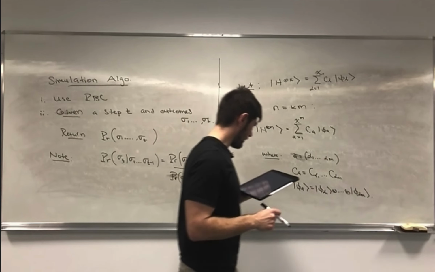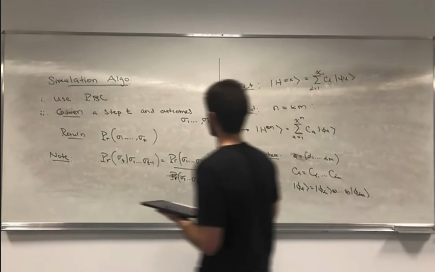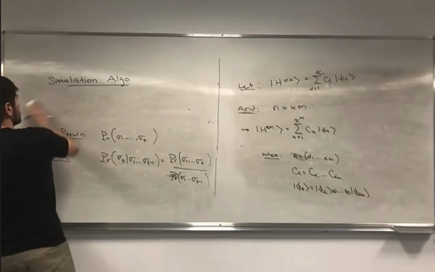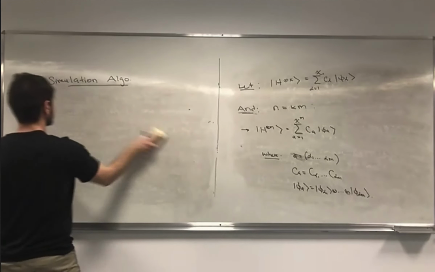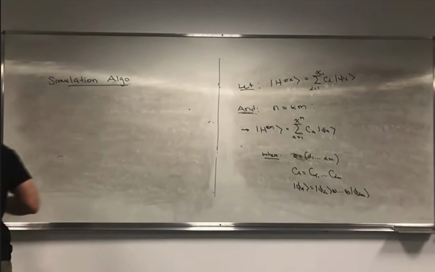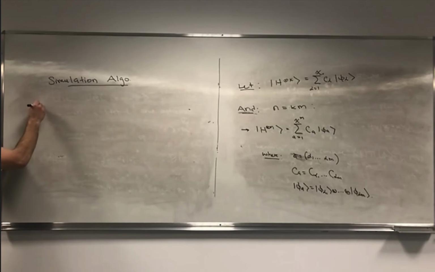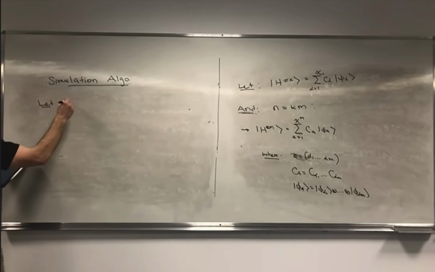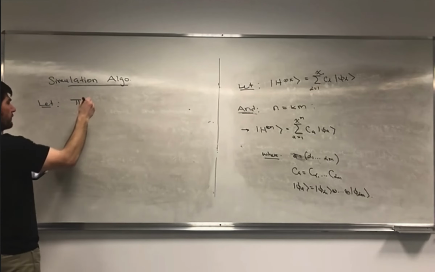So now we want to compute the following. Now that we've written all of this down, what we want is the following. We have this projector, which will be defined like before.